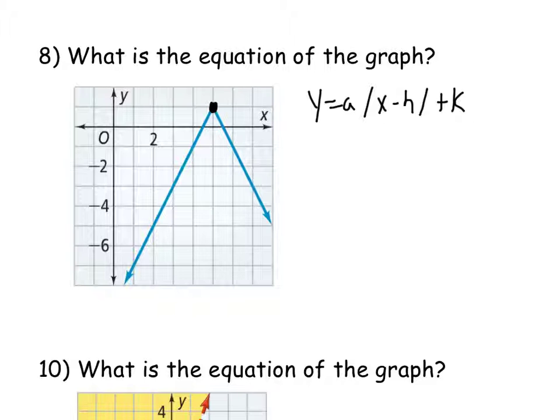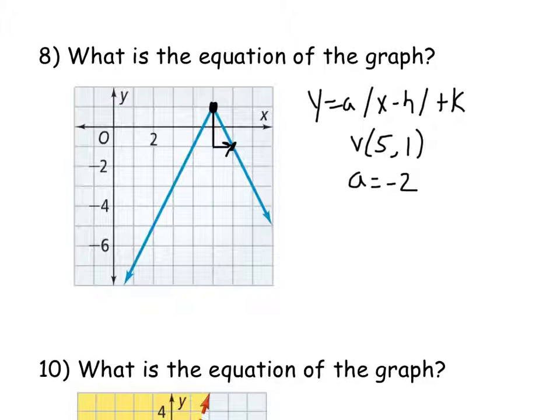Sitting right there at (5, 1). What is the slope of the right side of our graph? You're going down 2, right 1. So down 2, right 1 gives you a slope of negative 2.